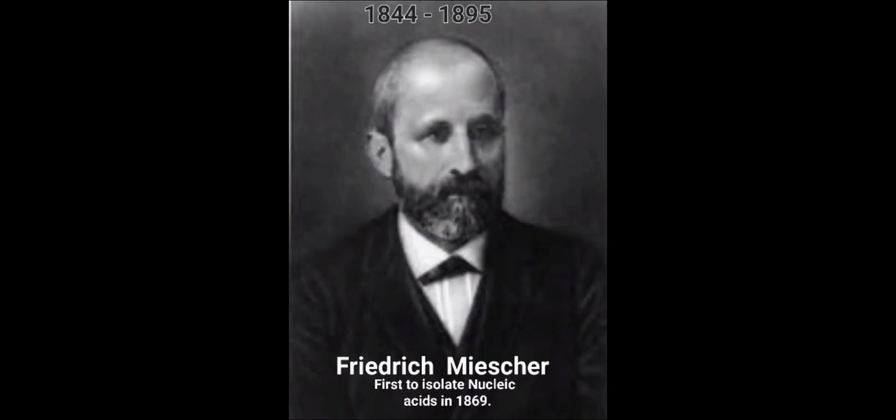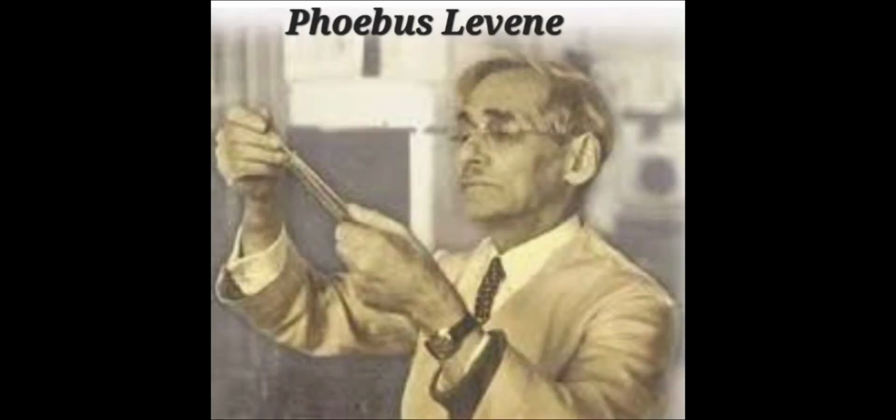Johannes Friedrich Miescher, a physician and a biologist, was the first to isolate nucleic acids in 1869. It was then in 1909 that Phoebus Levene and Walter Jacobs determined deoxyribose as a natural product and essential component of nucleic acids.